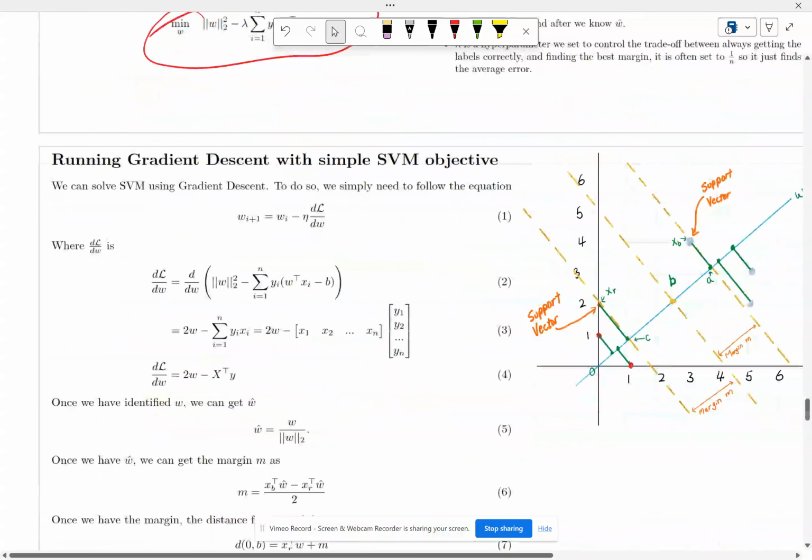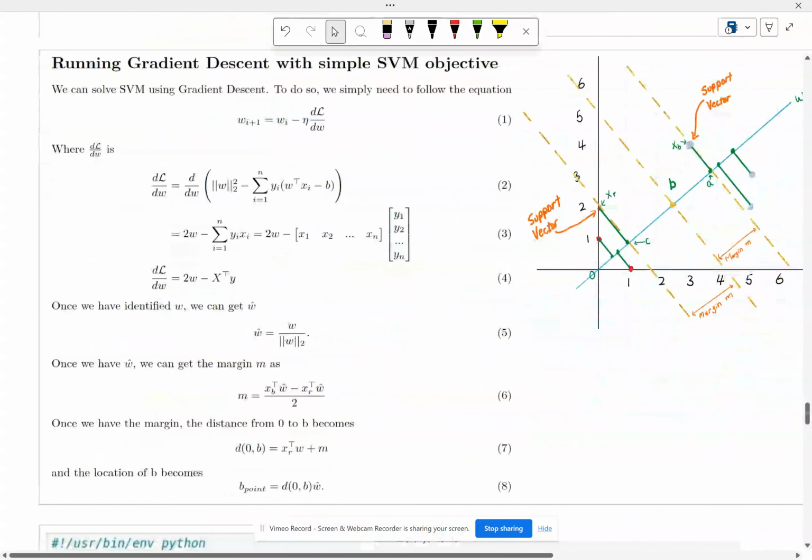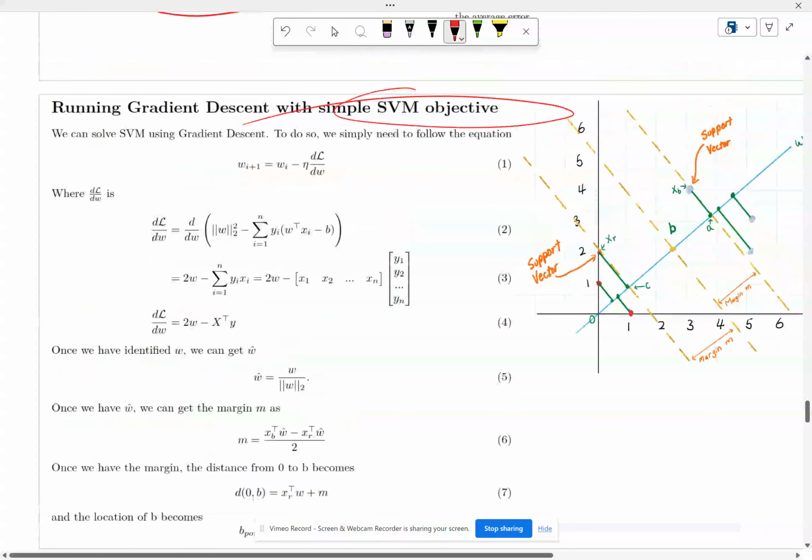All right. So running gradient descent with a simple SVM objective. Once we have SVM, we all know how to run gradient descent, right? We're trying to minimize this. To calculate the gradient of this, it's quite easy. Well, the norm, we did this on the exam, so you should know how to calculate the norm square of a vector, which is 2w.